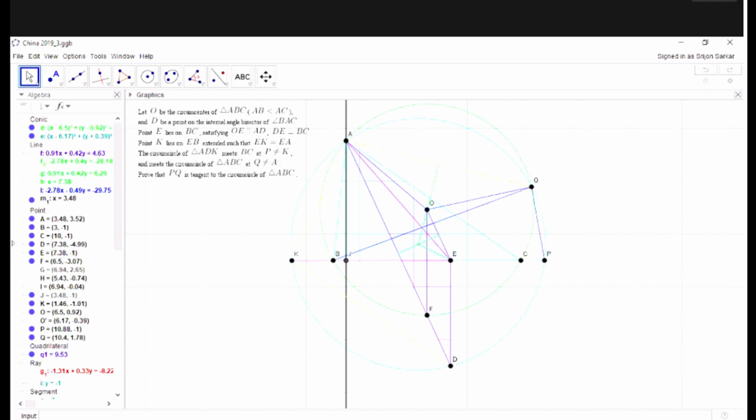Also, I don't think F is there anywhere in the diagram. I have put it there for later usage.